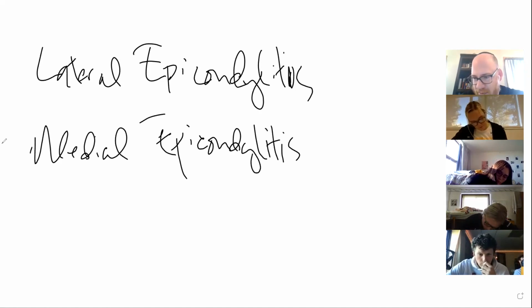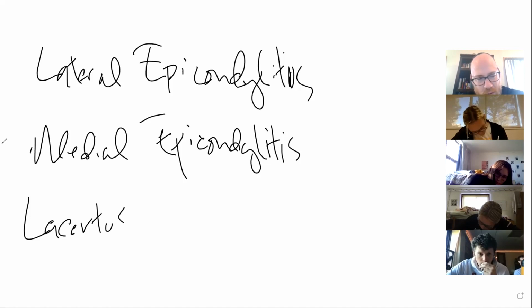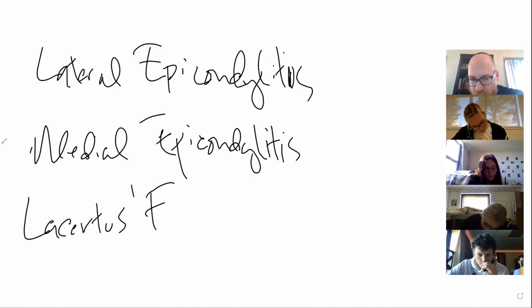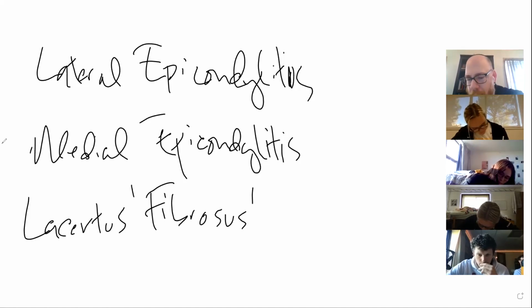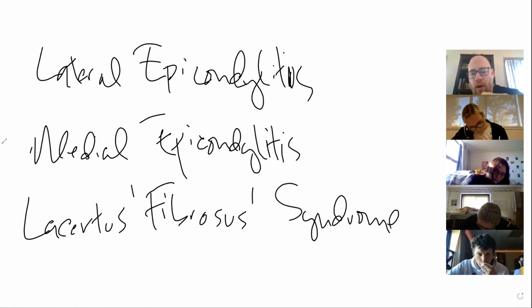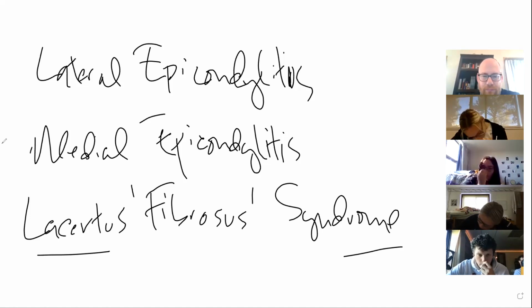I know my handwriting up here is worse than it usually is, but we'll give it our best shot. And I can spell things for you guys as well. Lacertus fibrosis. It's also called Lacertus syndrome. Okay, friends. So that's what we're going to be talking about today.